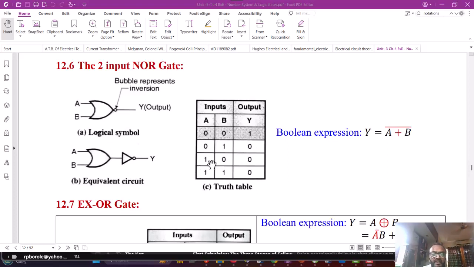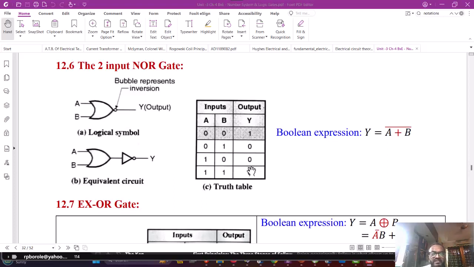Similarly, when A equal to 1 and B equal to 0, Y will be 0. When both the inputs are 1, then Y output will be 0. You can check out. When A is 1, B is 1 here, the OR gate output is in the logic 1 state. And complement of it will be available at the output Y. So complement of 1 is 0 and therefore when both the inputs are 1, the output will be 0.